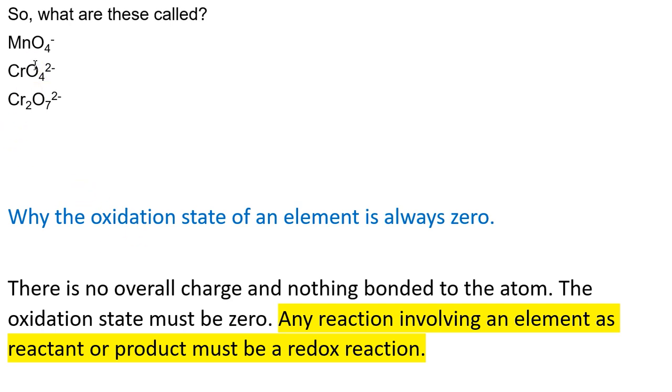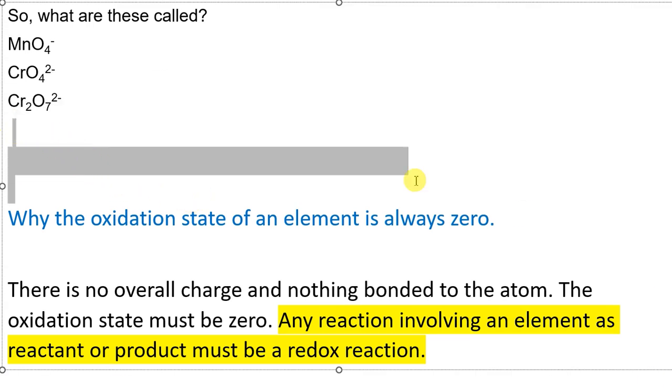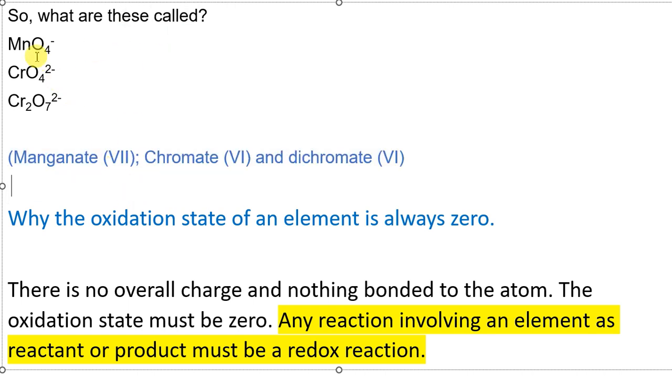The names of these, a moment to think, based on what we've just looked at. And we come to manganate 7, chromate 6, dichromate 6.